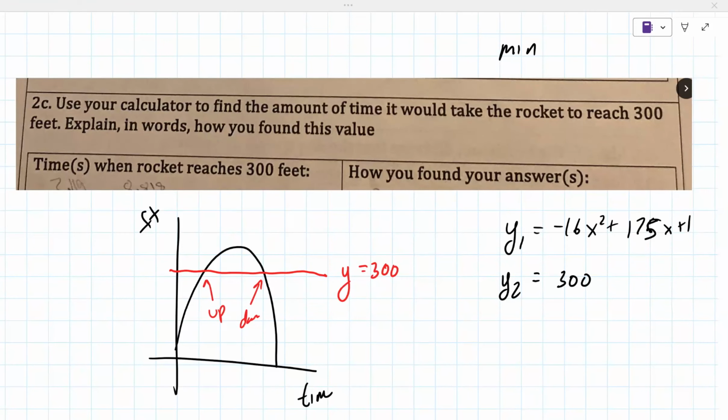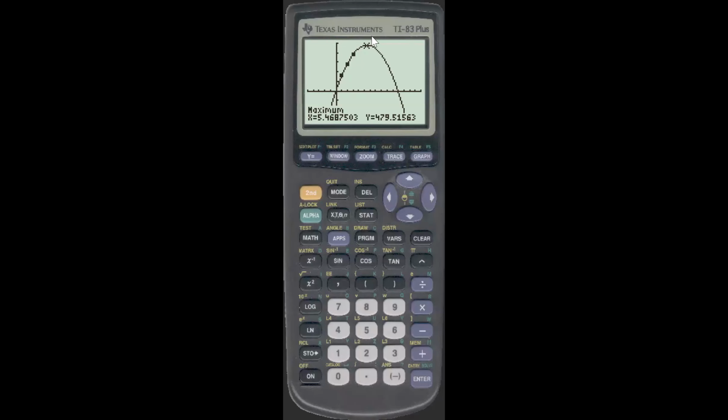So we're going back to y equals, and in y2 we add 300. That'll draw a horizontal line at 300. Click on graph whenever you've got that down. Okay, and there it is.